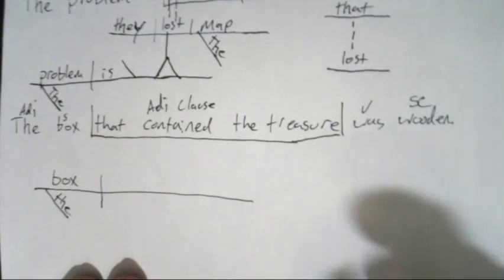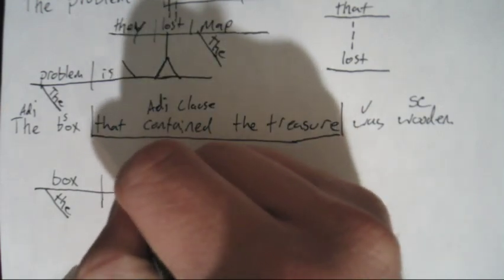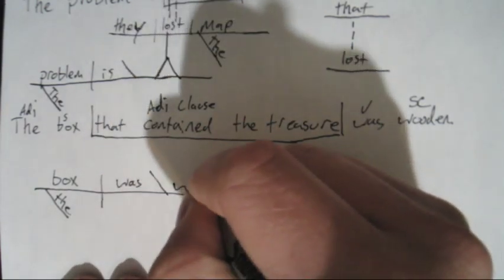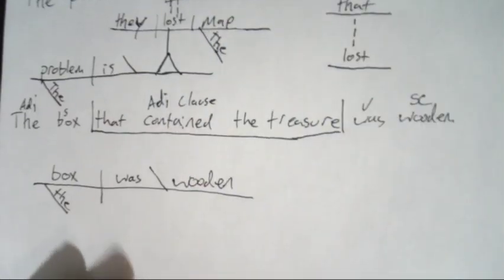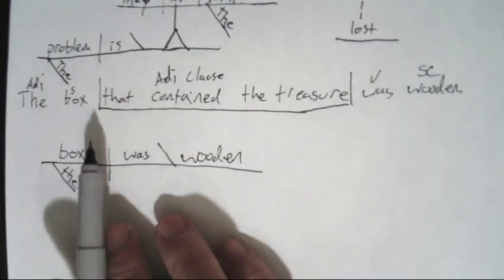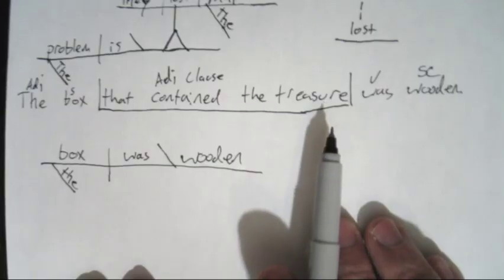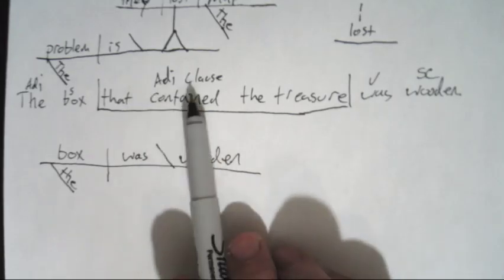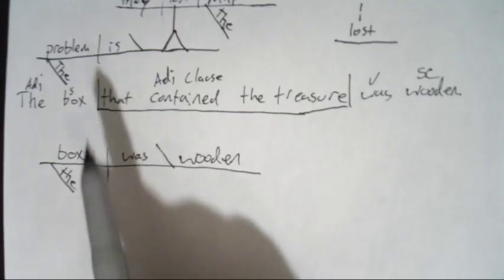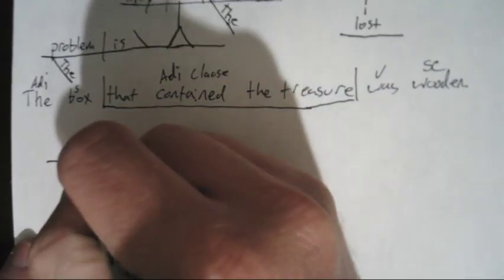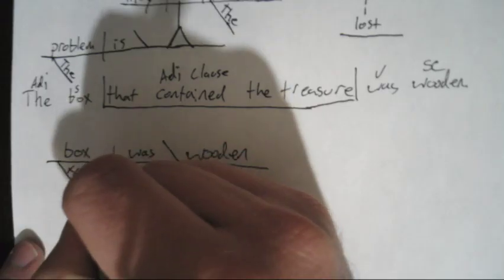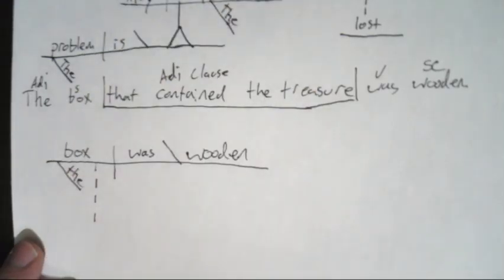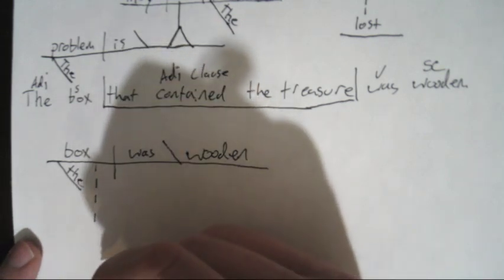The was wooden. Easy peasy so far. Once you figure out that you can just pull out that clause, it just condenses down to a pretty simple thing here. But we've got this adjective clause that's modifying box, right? So if it's modifying box, we've got to draw our dashed line down from box, because that's where it's connected. Draw our dashed line down.